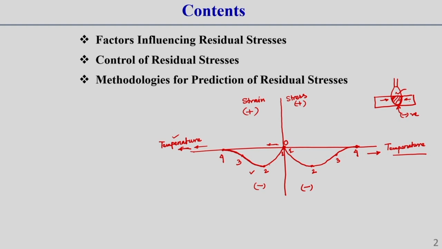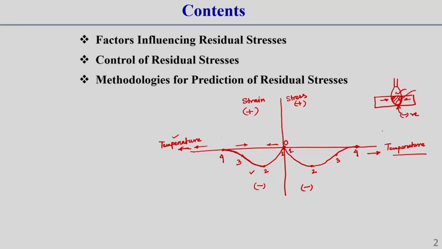After that, once we start cooling from this molten state, what happens? The material in this weld zone tries to contract.